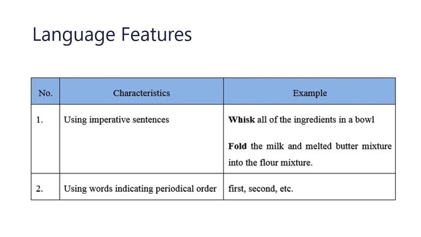Number one, imperative sentence. Right? Imperative sentence is a sentence that orders people to do something. Like, it is not telling people, but it's like asking people to do something, right? Or ordering people to do something. Jadi bukan, for example, fold the milk, atau nomor satu contohnya, whisk all the ingredients in a bowl.